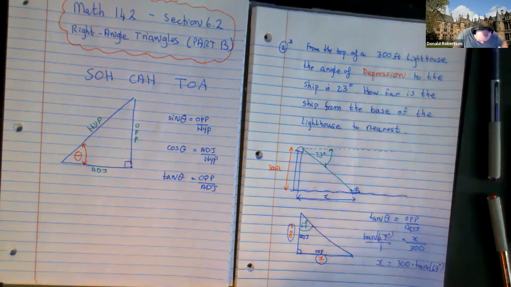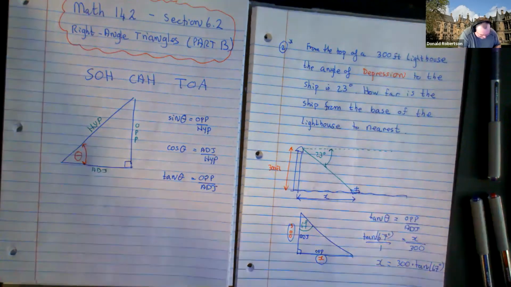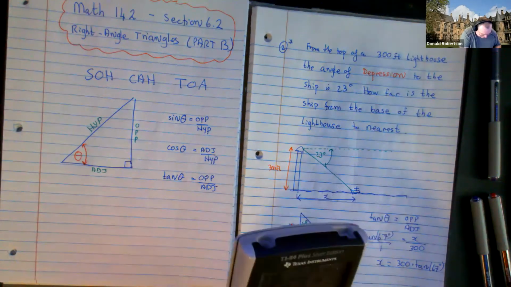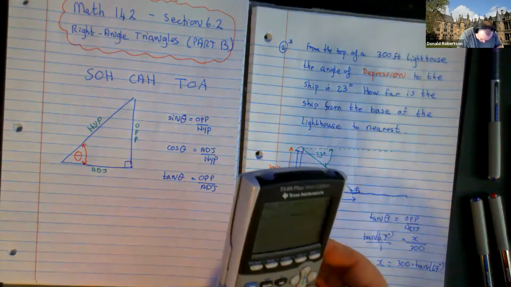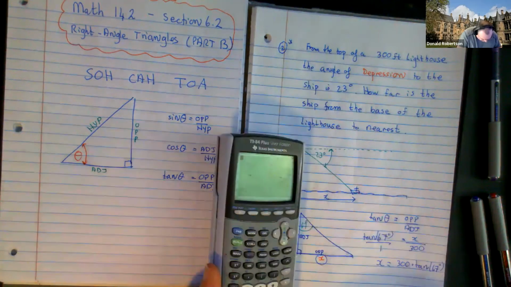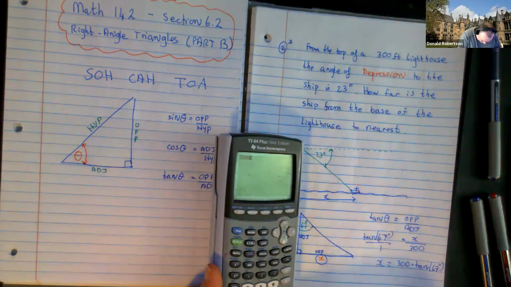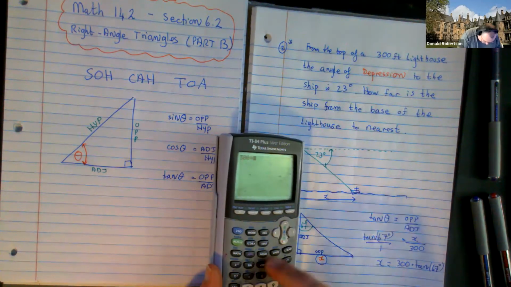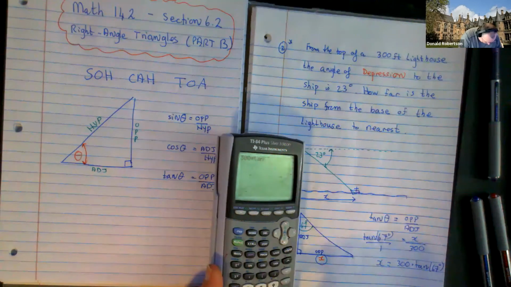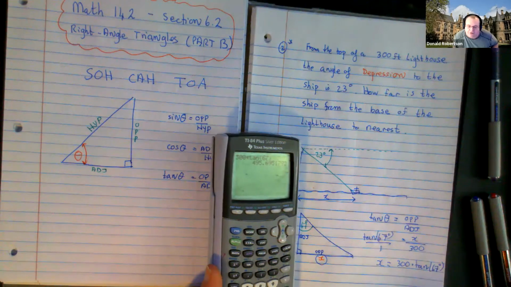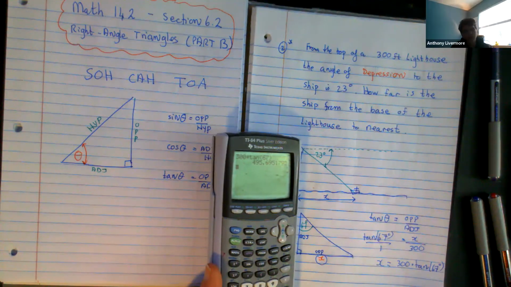So I got my calculator and good. I'm going to type in something and it's going to be wrong. Doesn't look wrong, but it is wrong. Are you in degrees or radians?